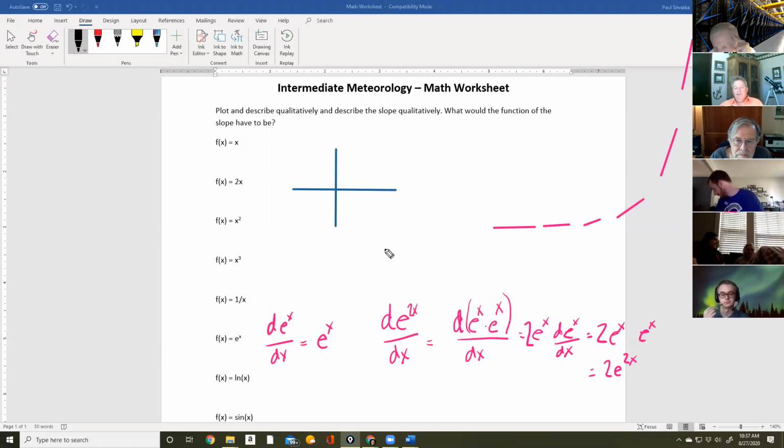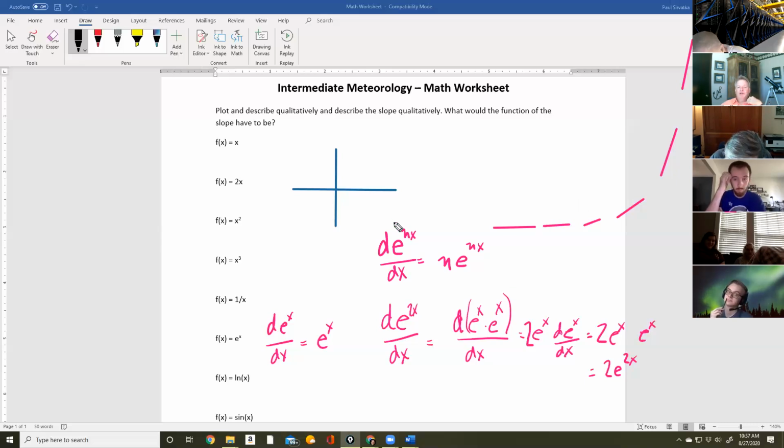So generalizing, what I'm going to say is that the derivative of e to anything is nothing more than n times, and really what you want to think, because you're a pattern recognizer, if you're a meteorologist, you better be. All you're doing is taking this guy in front and keeping everything else the same.